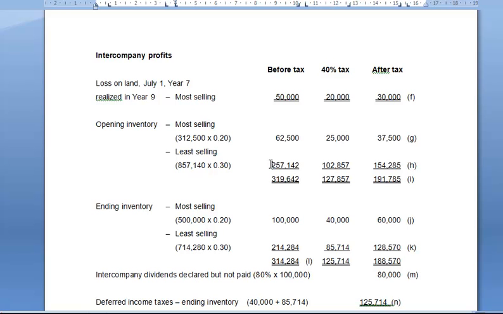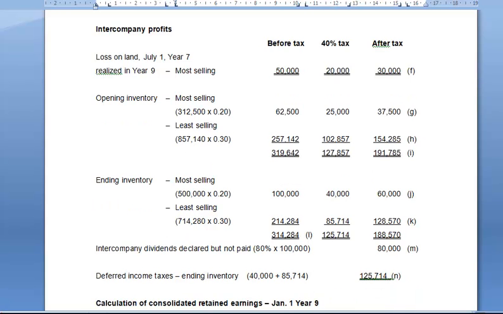So this profit would be taken into income. It would attract tax of $102,857. So that's another amount by which we're going to have to increase income tax expense on the consolidated statements, and this would also adjust our retained earnings this year by that amount. So these amounts are going to adjust retained earnings for the year, and we'll see how when we start to do the statements.